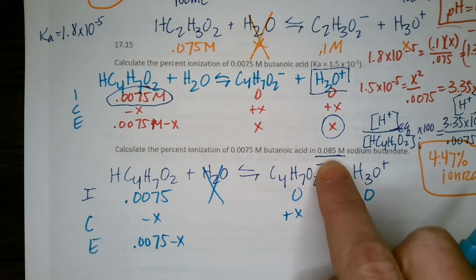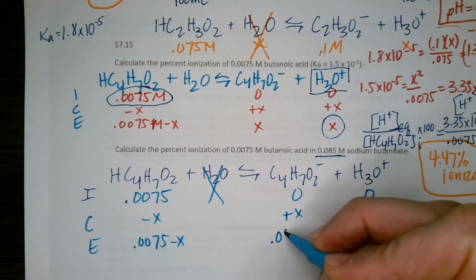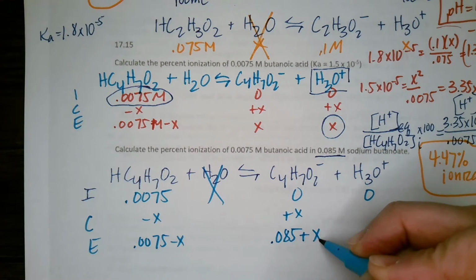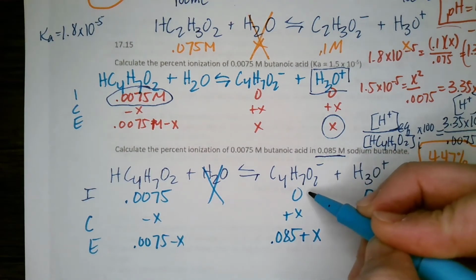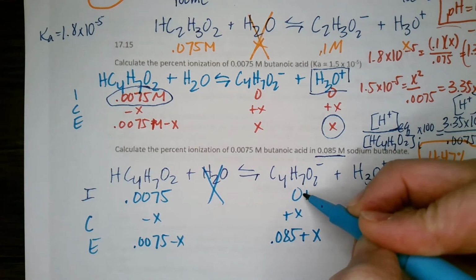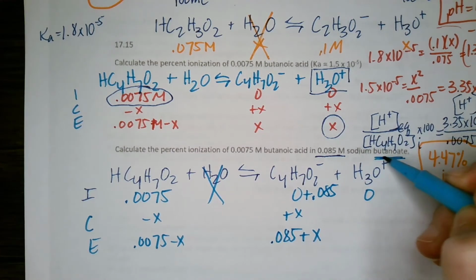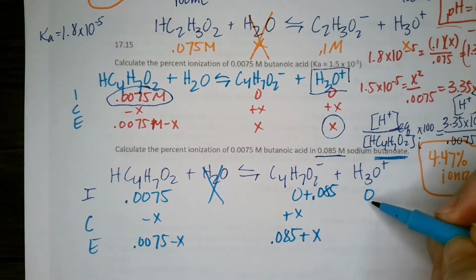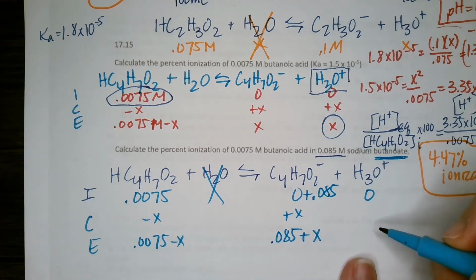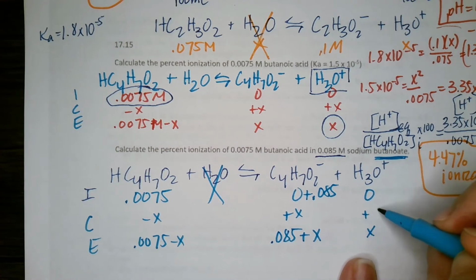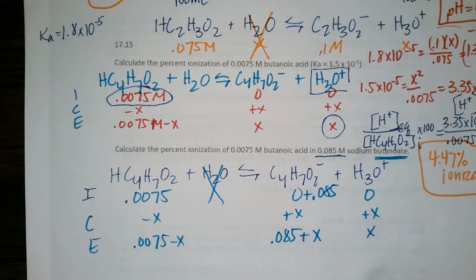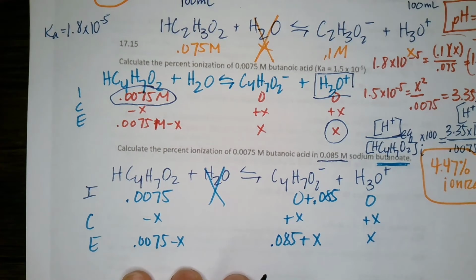And I also am adding 0.085, so 0.085 plus x, right? I am initially adding more of my butanoate ions. Now, hydronium, I still have x.